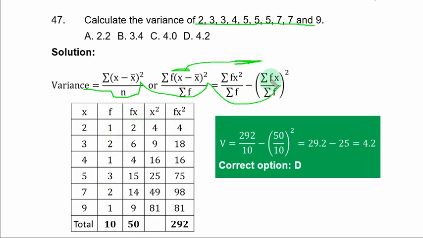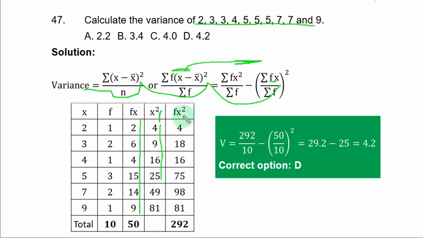So let's get fx, the product of f and x. That is 2 times 1, 2, 3 times 2, 6, 4 times 1, 4, and so on. Now, for us to get fx squared, you need to get x squared first. So you square each x. If you square each x, you have 4, 9, 16, 25, 49, 81.